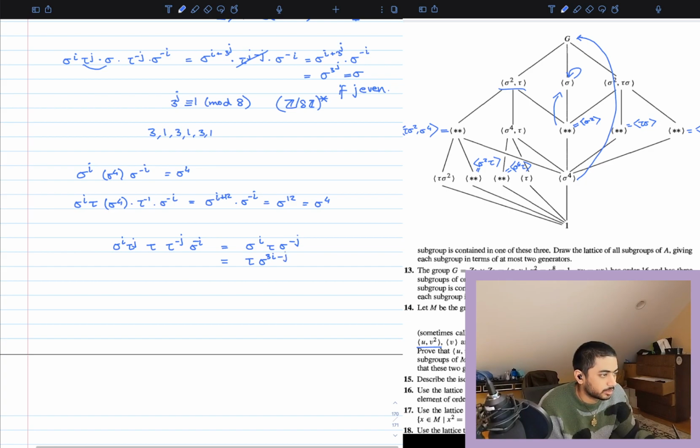Sigma to the 3i minus i, which is tau sigma to the 2i. And this is going to be the same thing as tau whenever i is a multiple of 4, because sigma has order 8. So whenever i is a multiple of 4, this disappears. So that's the stuff that tau commutes with.